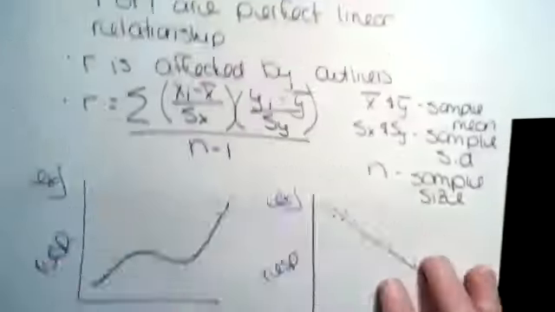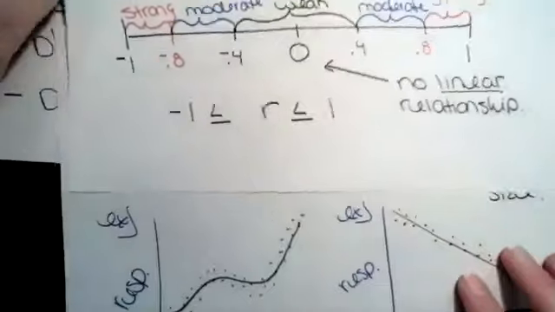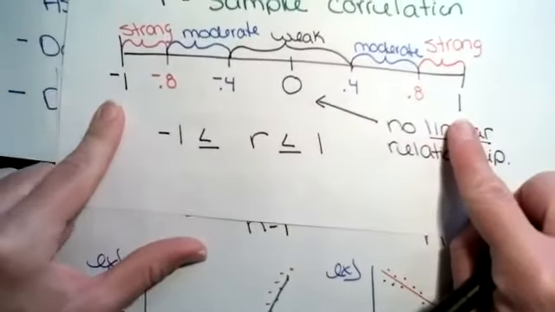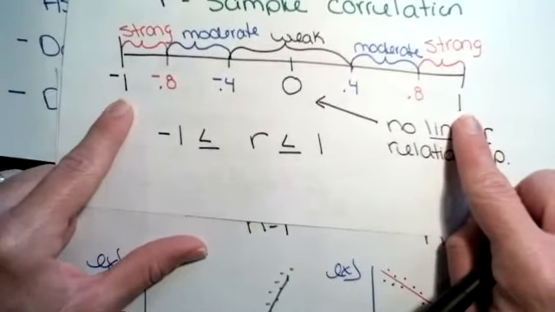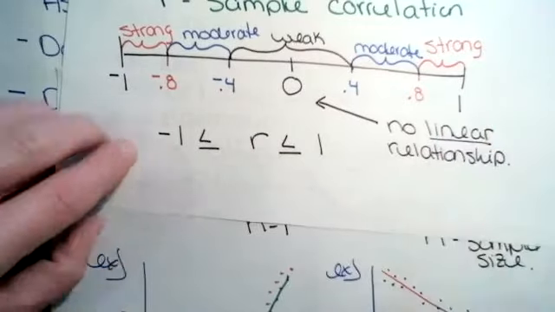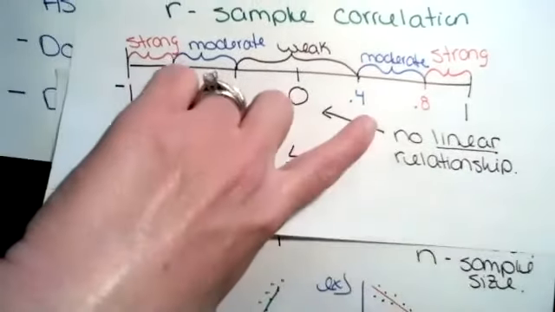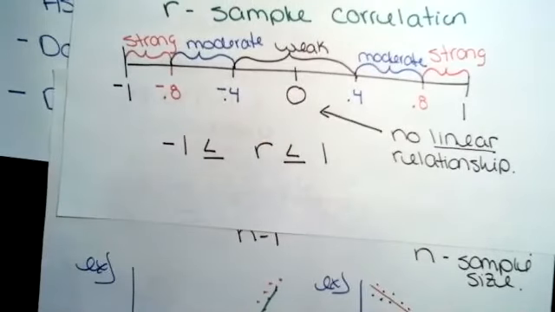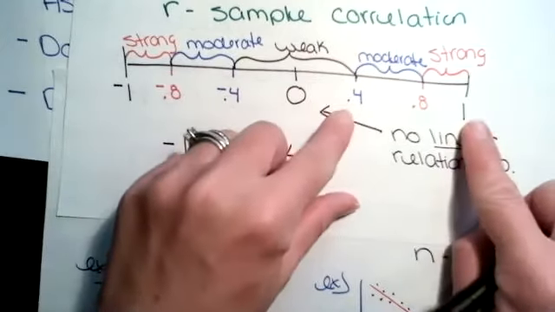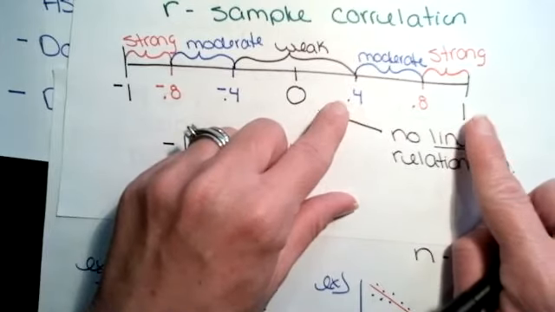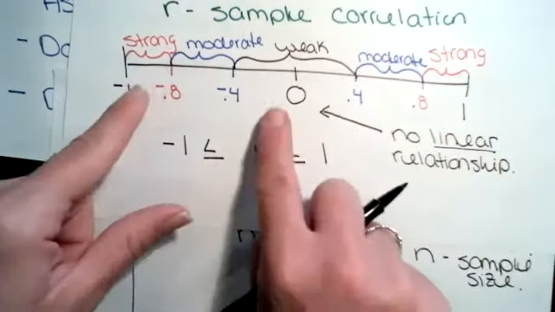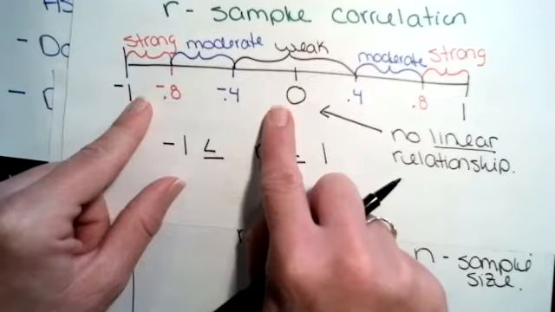And this is where the negatives and the positives come into place on my scale. The negative is indicating the direction of the line, the slope of the line. If it's positive, that means as X is increasing, Y is also increasing, and if it's negative, it's saying as X is increasing, Y is decreasing.